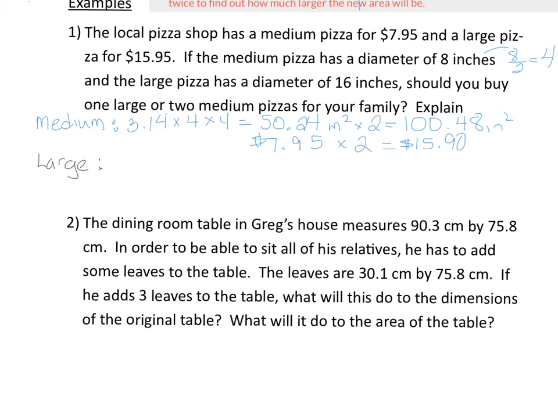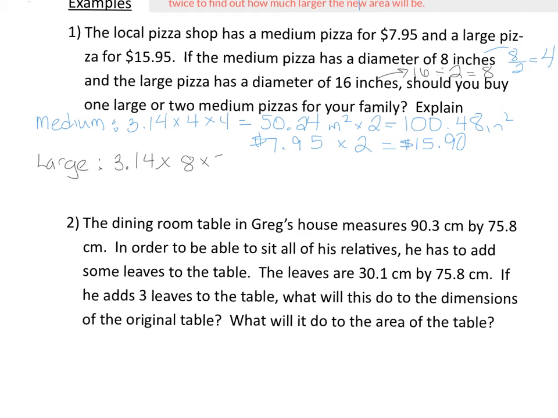For the large pizza, we would do 3.14 times a radius of 16 inches, or a diameter of 16 inches, means that we have to do 16 divided by 2 to get that our radius will be 8.